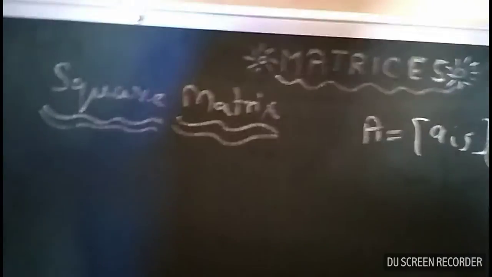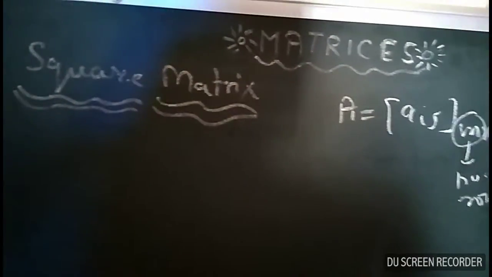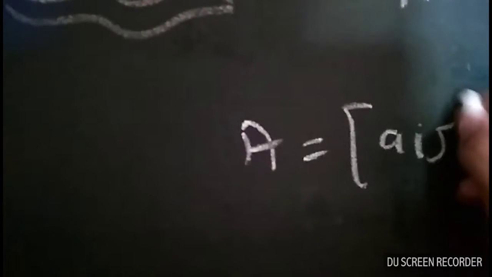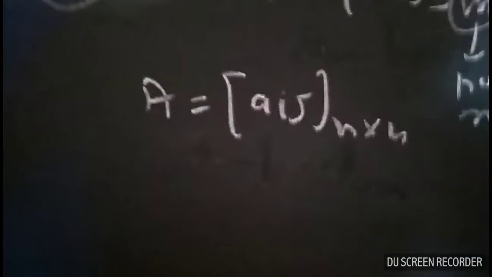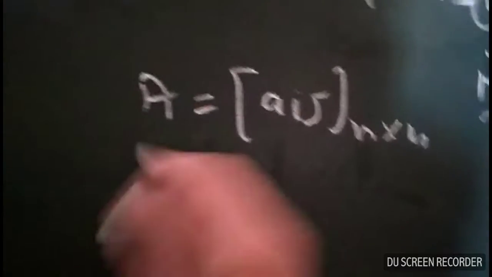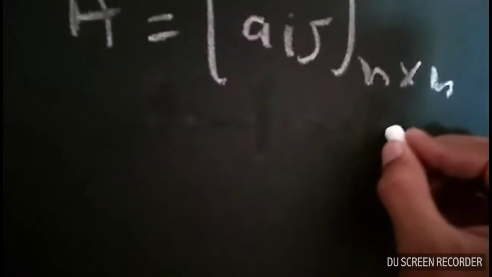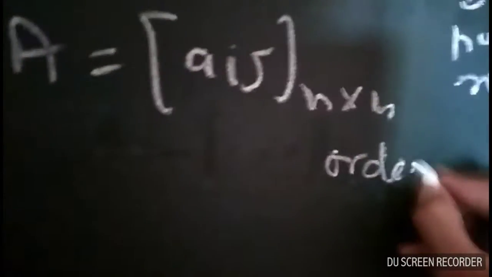Then this matrix is said to be a square matrix. If a matrix whose rows and columns are n, then this matrix is a square matrix of order n, that is a matrix of order n.